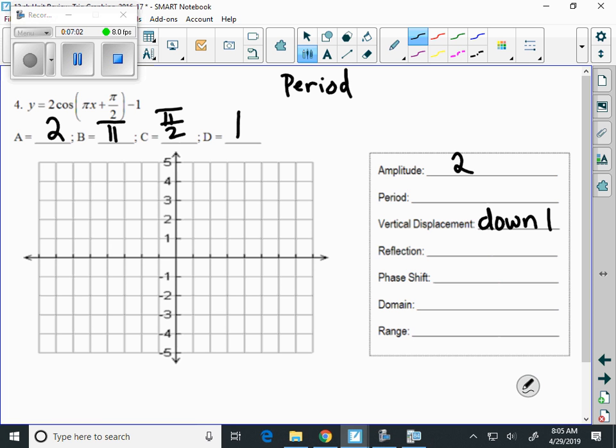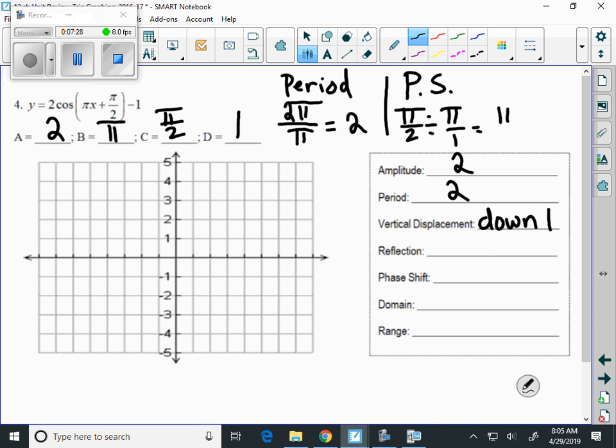well, our period is 2 pi divided by pi, which is 2. Our phase shift, let me just abbreviate PS for phase shift, is determined by C divided by B, so it's pi over 2 divided by pi, which equals pi over 2 times 1 over pi, which is 1/2 when we multiply.